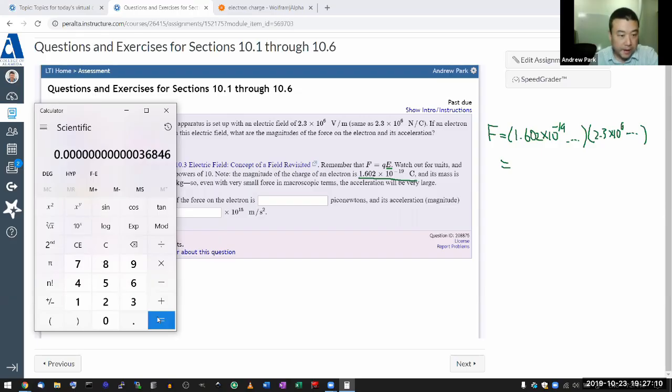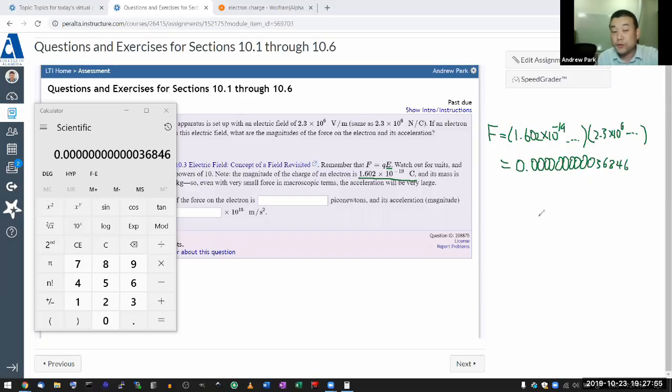All right, so I get that. Let me copy it down. So how many zeros? 1, 2, 3, 4, 5, 6, 7, 8, 9, 10, 11, 12 zeros after the decimal. 3, 6, 8, 4, 6.